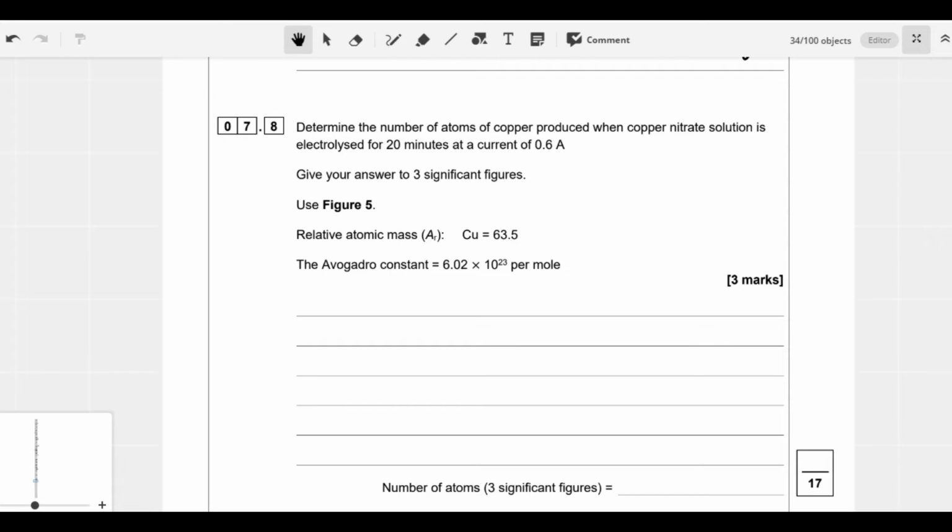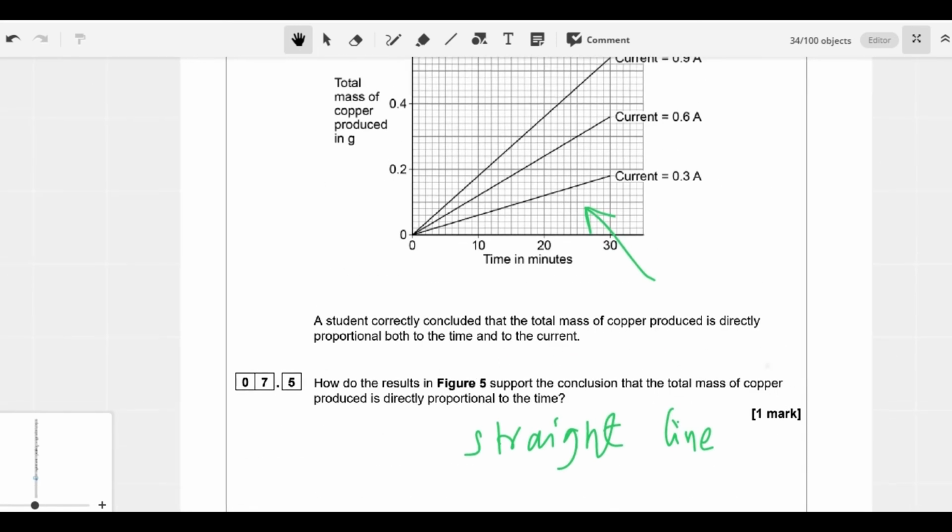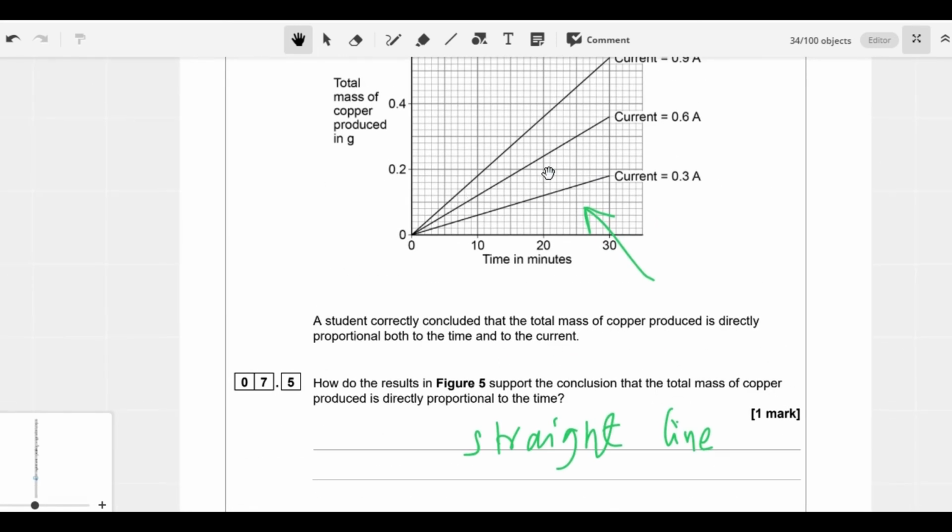Next is a numerical one. Determine the number of atoms of copper produced when copper nitrate solution is electrolysed for 20 minutes at a current of 0.6 ampere. So you need to check from the graph at 20 minutes and 0.6, which is approximately 0.24.